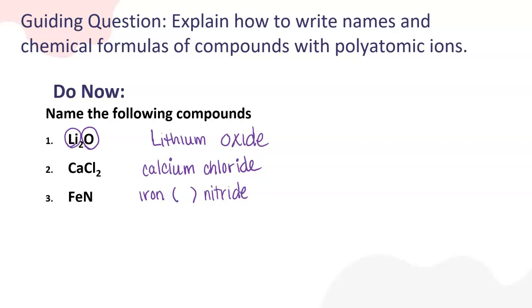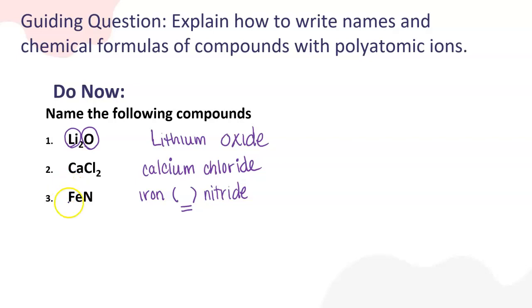If you wrote nitrogide on a test, I probably wouldn't take off points, but try and say it in your head to see which one comes off the tongue easier, because that's usually the one you're going to write.